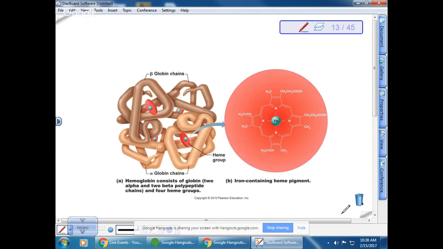You don't need to know the difference between the alpha and the beta, right? Those are the globin proteins. This is the heme group, and then in the center of the heme group is the iron. So that center little spot in that diagram is the iron. Okay, so globin chains, heme group, and iron. You need to know that diagram.